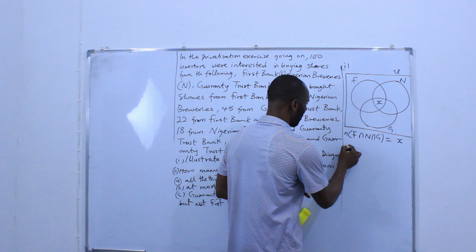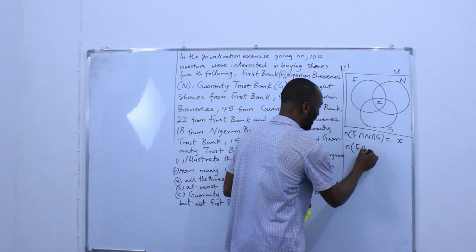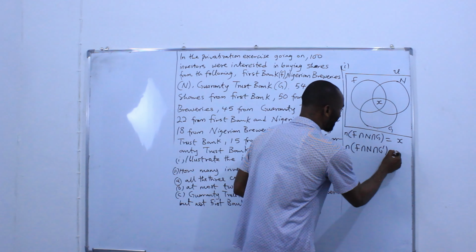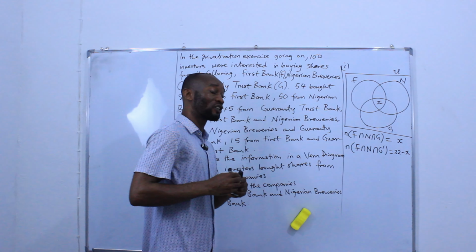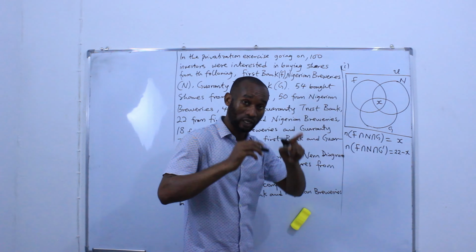That is the number of people that bought from First Bank and Nigerian Breweries but did not buy from Guaranty Trust Bank is 22 minus X. Because the number of people that bought from First Bank and Nigerian Breweries is 22.